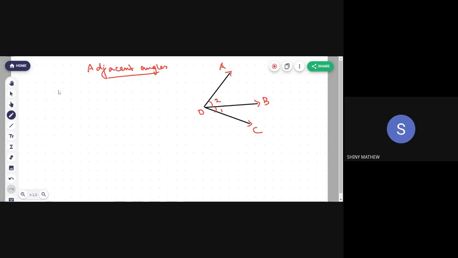Now we can write the conditions of that adjacent angles. Two angles are adjacent if they have, below we can write the three conditions.